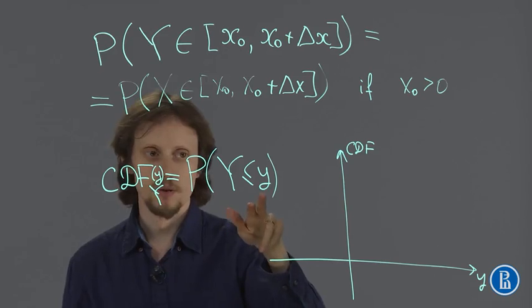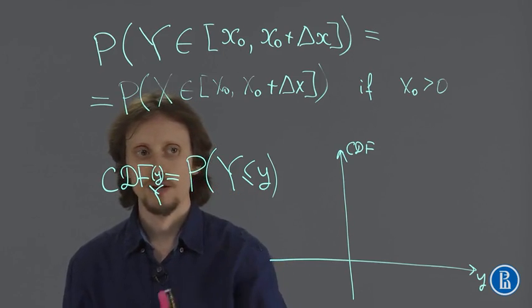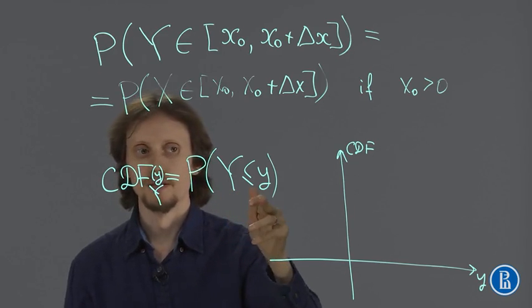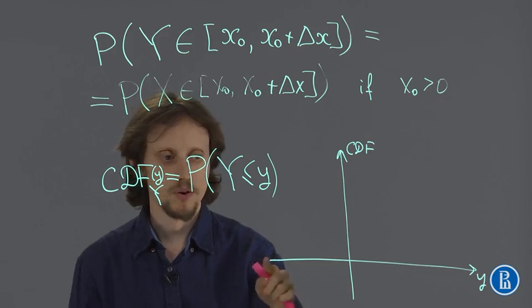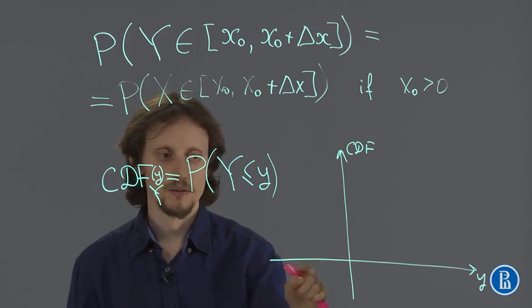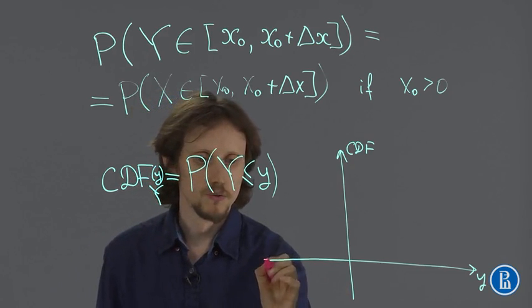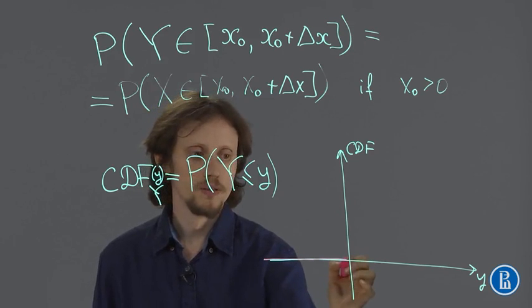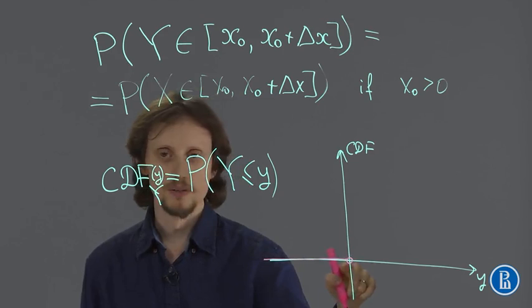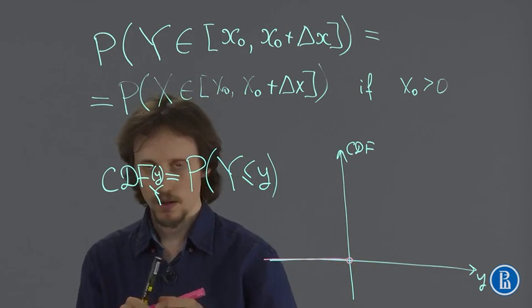For small negative values of y, we see that capital Y cannot take values that are less than small y. So it means that for all negative values here, the value of this CDF equals 0. This goes up to 0, but at 0, the CDF has a jump.